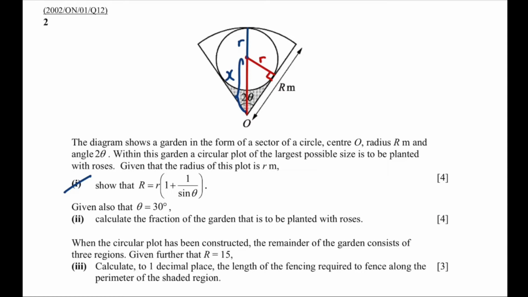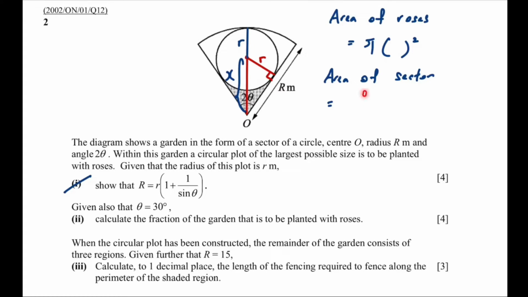Let's start with the area of the roses. The area of roses is a circle, so I can go for pi r squared. Oh, I don't know the r yet, so I need to figure out r first. Area of the sector, the whole garden, the bigger circle.